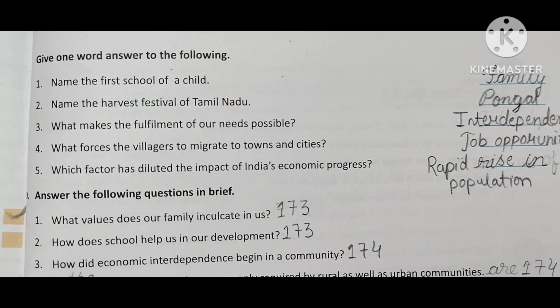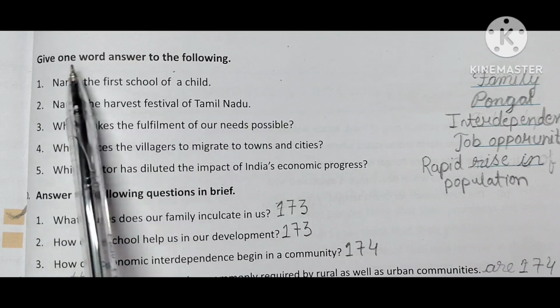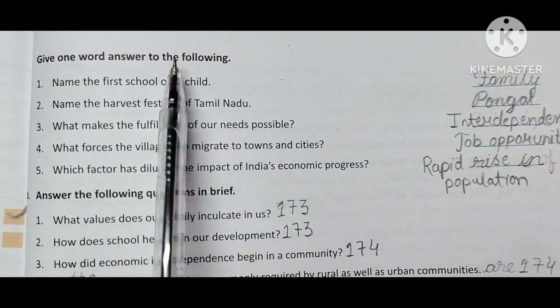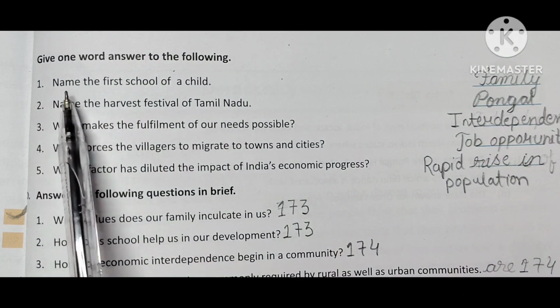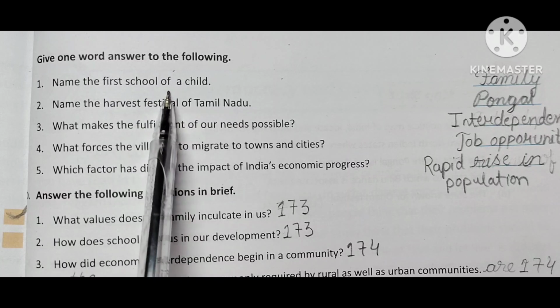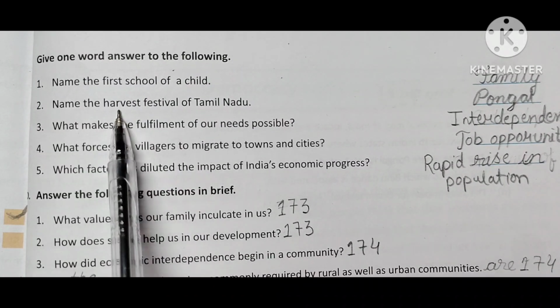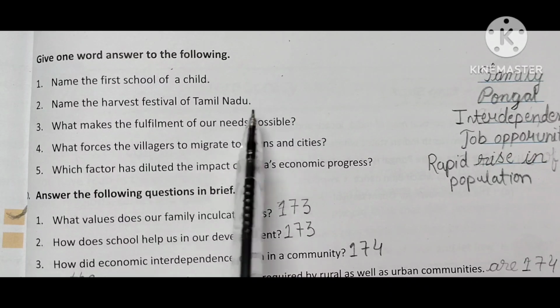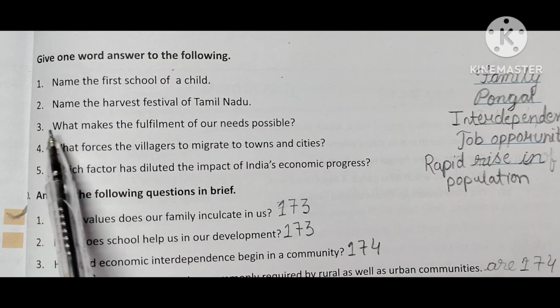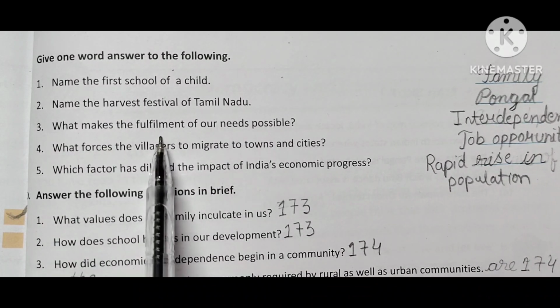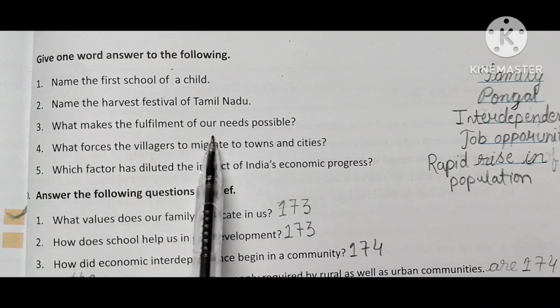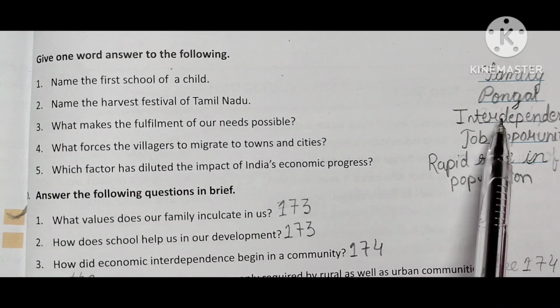Page number 181. C. Give one word answer to the following. First, name the first school of a child. Family. Second, name the harvest festival of Tamil Nadu. Pongal. Third, what makes the fulfillment of our needs possible?